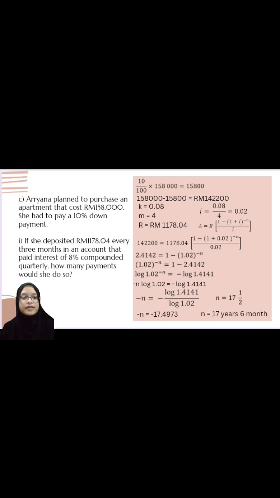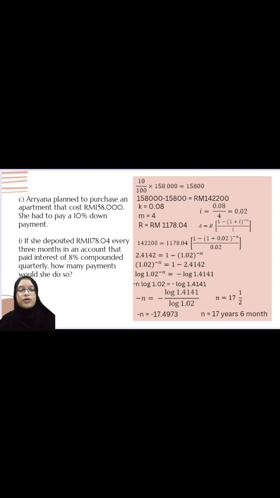The question asks how many payments she would make. To calculate, we need to use the formula of outstanding balance. We replace A as 142,200 equals 1,178.04 in the bracket 1 minus (1 plus 0.02) to the power of negative n, over 0.02.